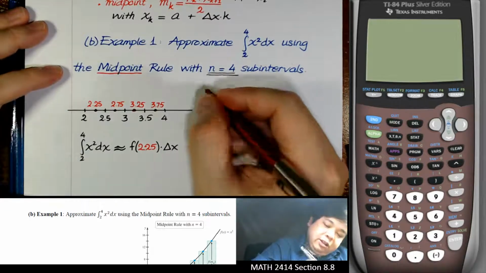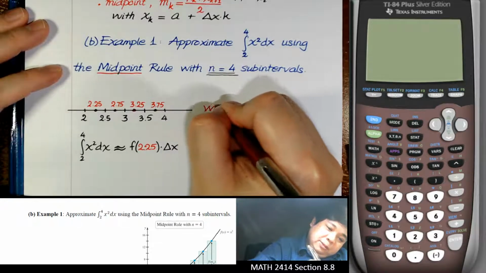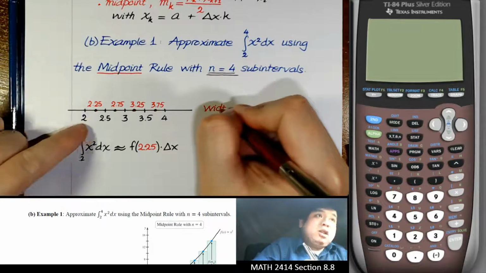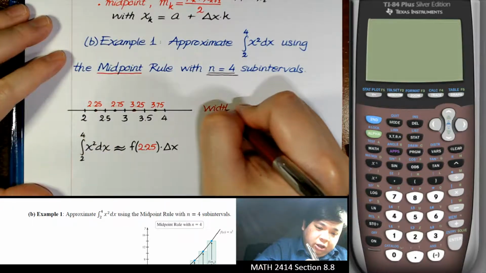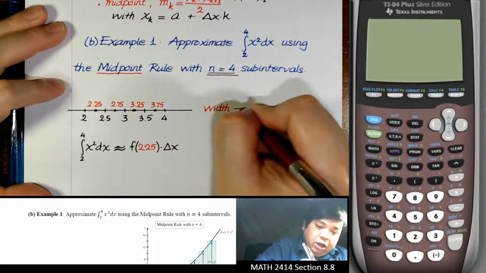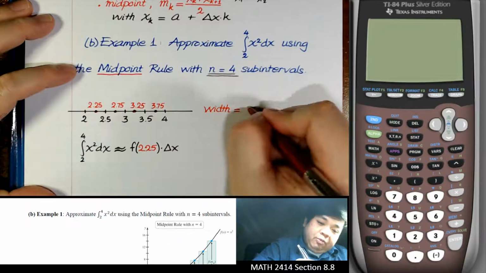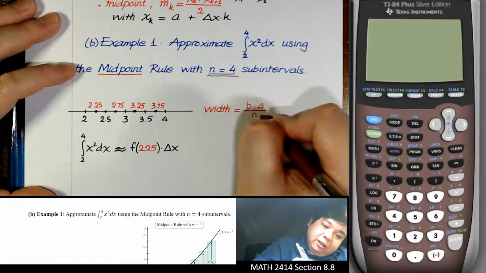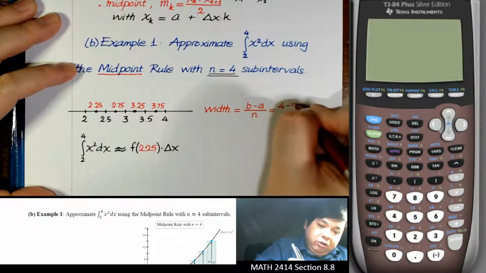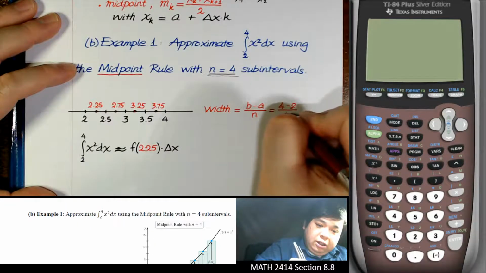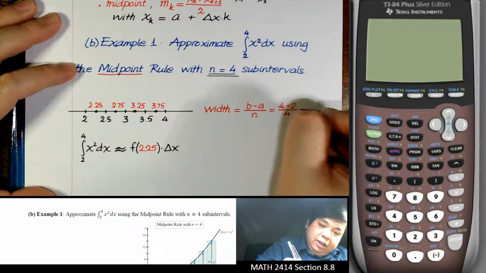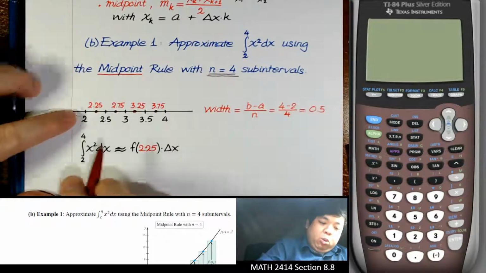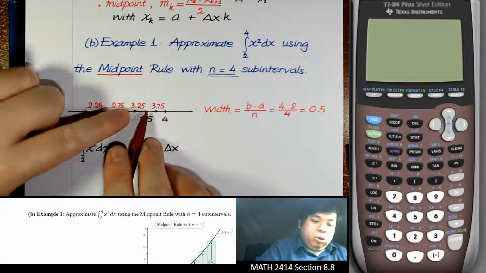And the width of course is from 2 to 2.5, so the width is 0.5, or we say b minus a divided by n, 4 minus 2 divided by 4 is 0.5. So the width for one interval is 0.5.